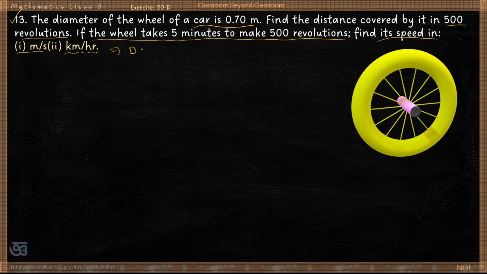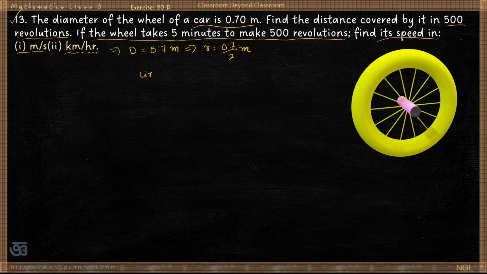Diameter of the wheel is equal to 0.7 meter. Therefore, radius of the wheel is equal to 0.7 divided by 2 meter. In one revolution the wheel travels a distance equal to the circumference of the wheel.